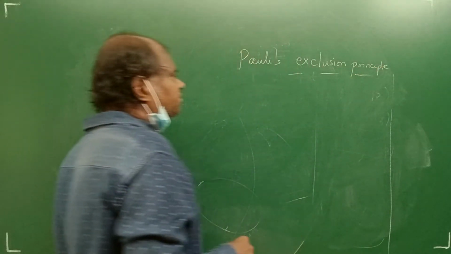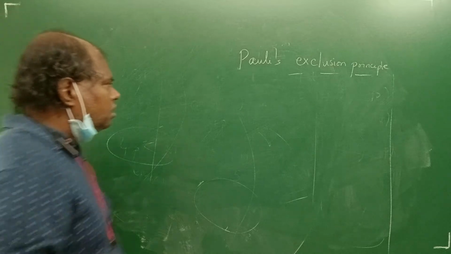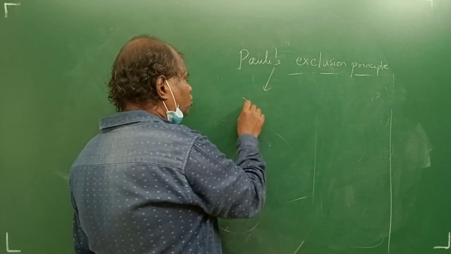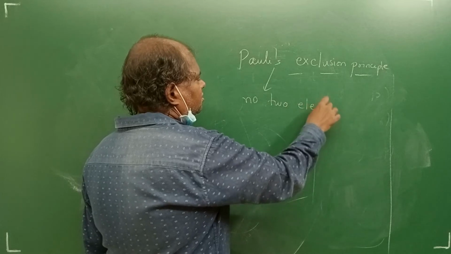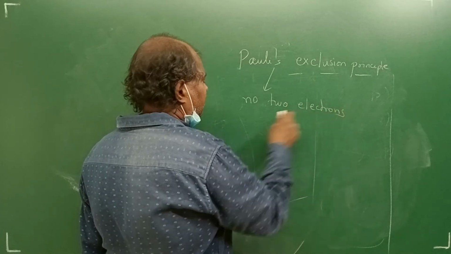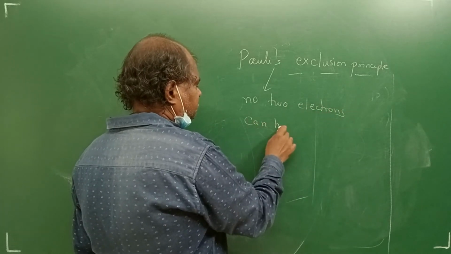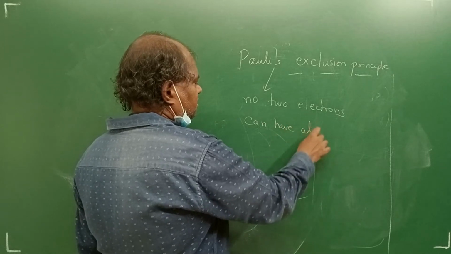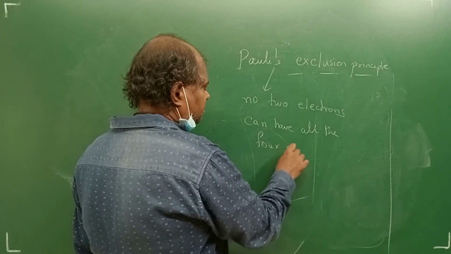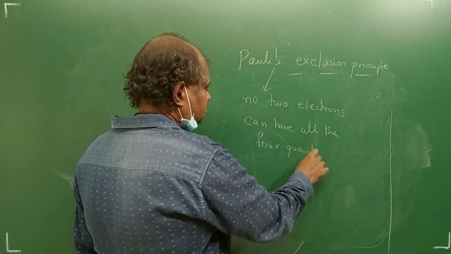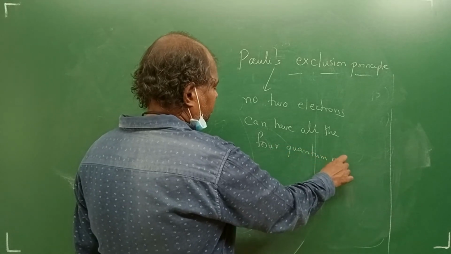Now what this states, just see very carefully, it's very interesting. This states that no two electrons can have all the 4 quantum numbers same. Very, very important.